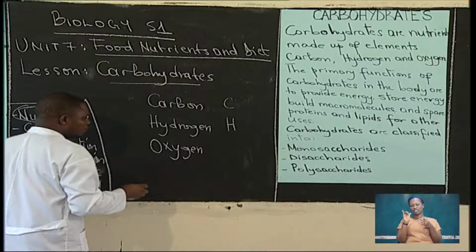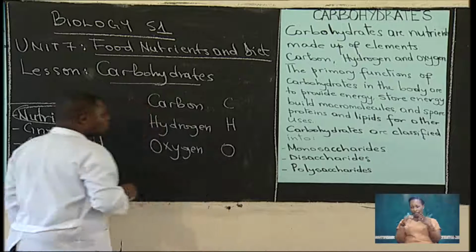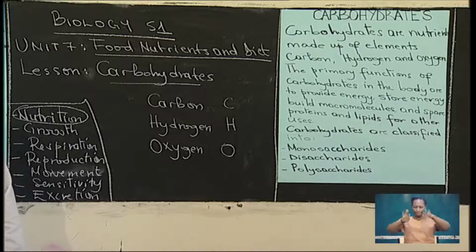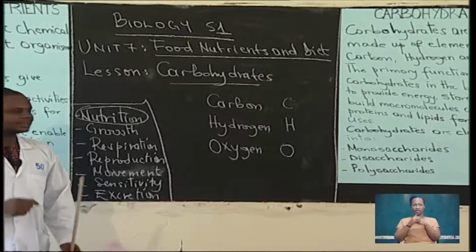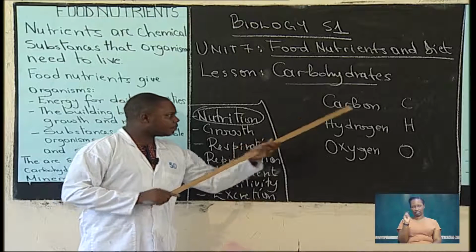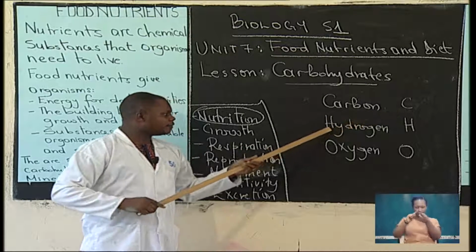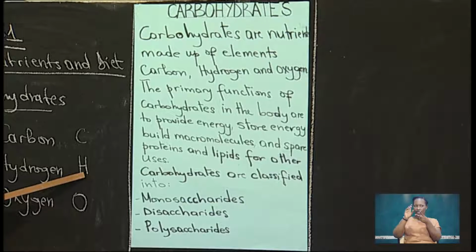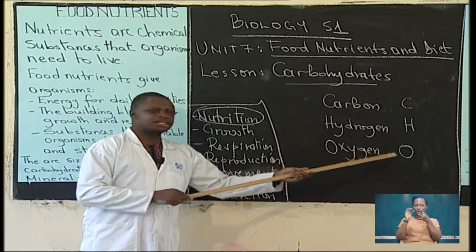The symbol for oxygen is O. These are 3 main elements which make carbohydrates. I repeat, we have carbon. The symbol for carbon is C. We have hydrogen. The symbol for hydrogen is H. We have oxygen. The symbol for oxygen is O.